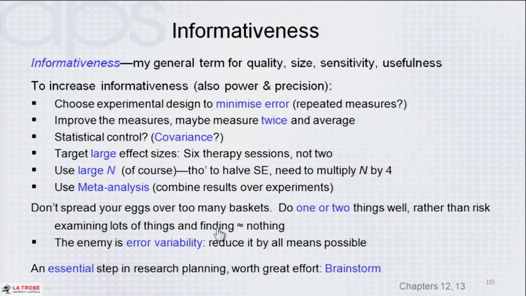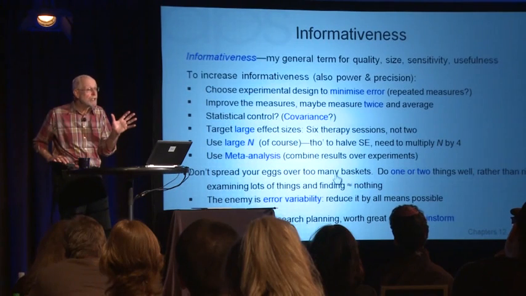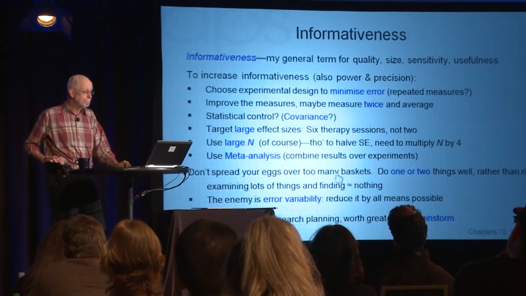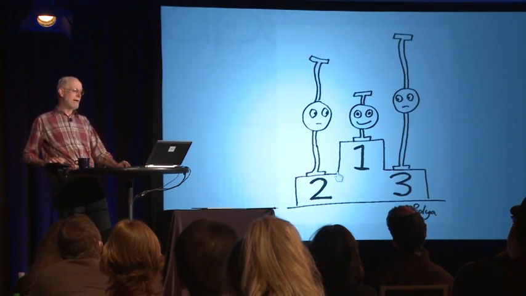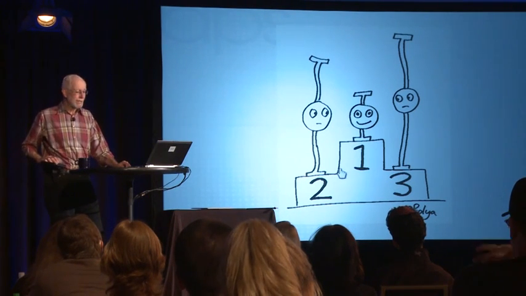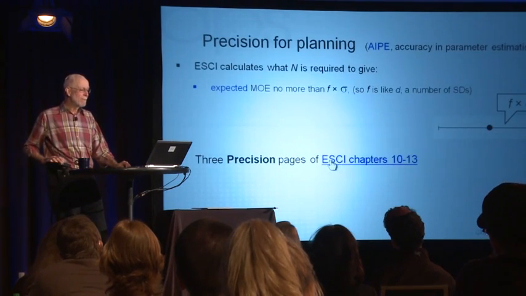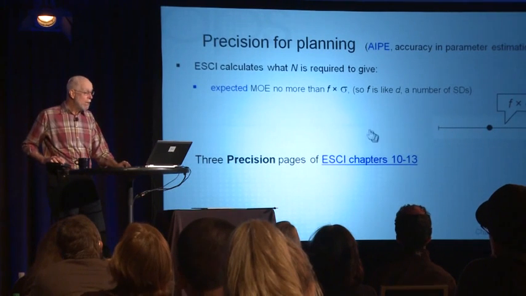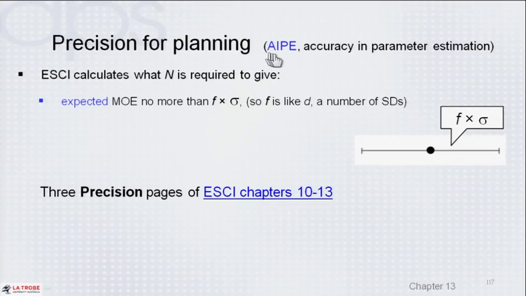And so if your goal is to shorten your confidence intervals, increase your precision, well, that is great. So let's move on to, yes, short is good, small is beautiful. Precision for planning. It's also known as accuracy in parameter estimation. Well, I don't care. PFP seems to be simpler, so precision for planning.